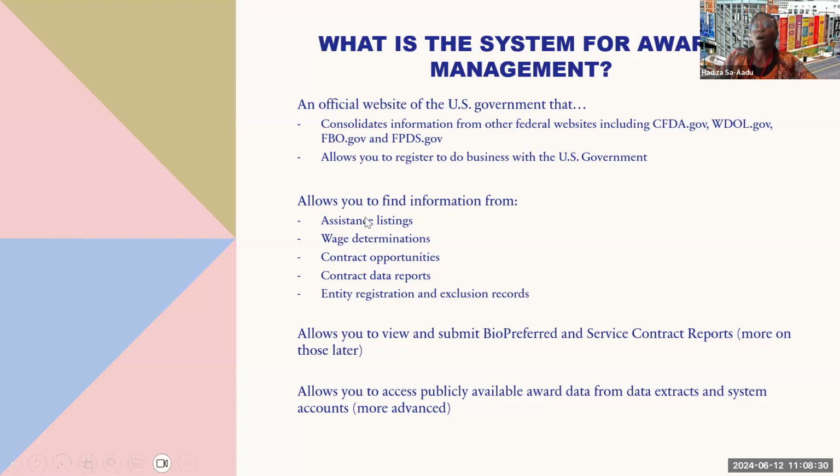SAM.gov also allows you to find information from different items that we are going to get into more detail with that are the following: assistance listings, wage determinations, contract opportunities, contract data reports, entity registration, and exclusion records. Additionally, SAM.gov allows you to view and submit bio-preferred and service contract reports.